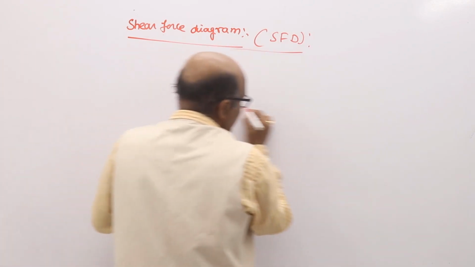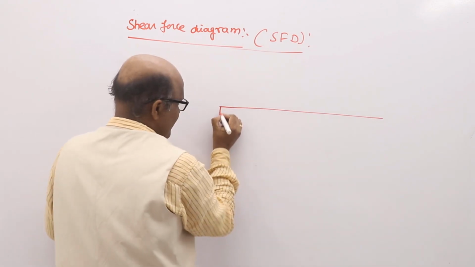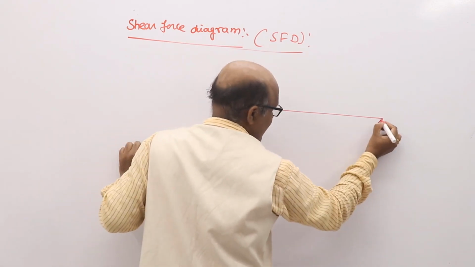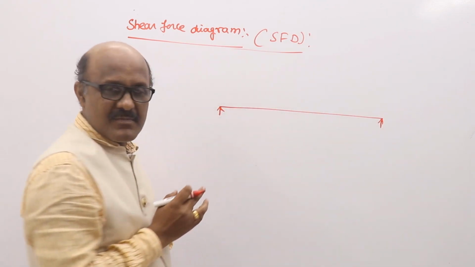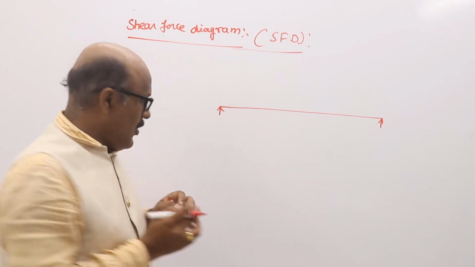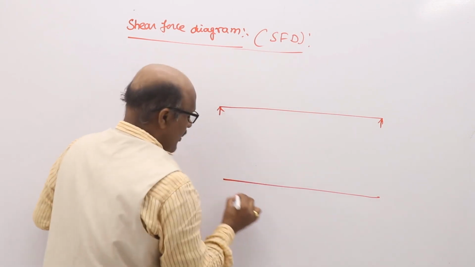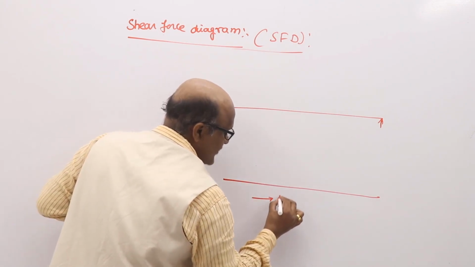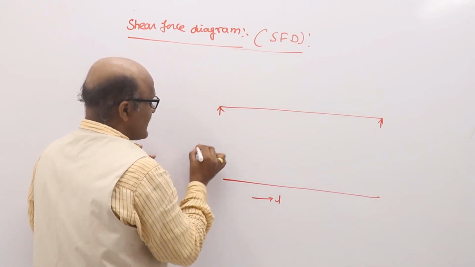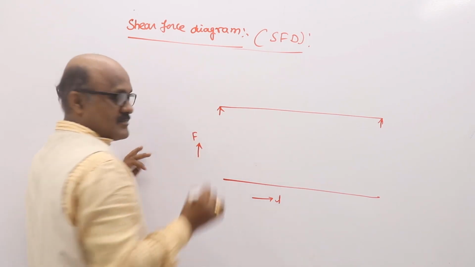Suppose it is a beam, my dear students, all of you see, this line represents a beam. Here I am drawing a shear force diagram. On this axis, length of the beam; on this axis, force.